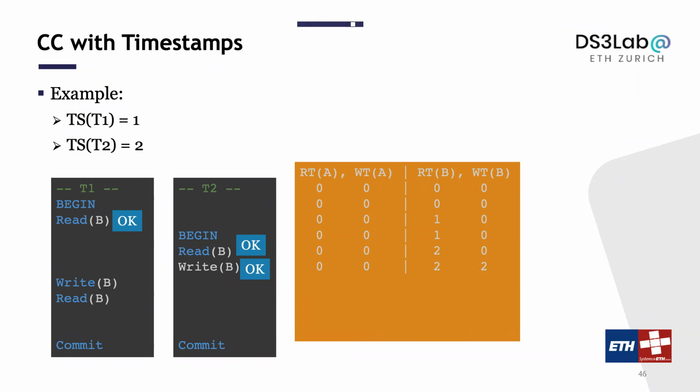If I write to B, I'm going to overwrite an object that has been accessed by a future transaction. That cannot happen in a serial schedule where T1 happens before T2. If you have that serial schedule, this type of overwriting will never happen, right? So I want to write B, but I need to overwrite the future.